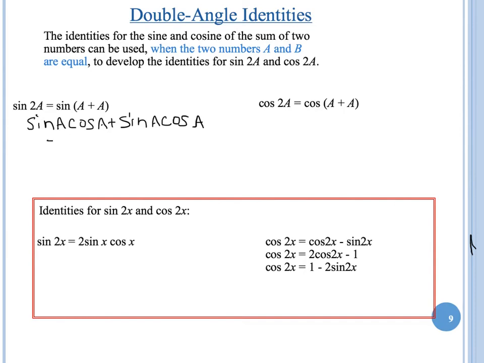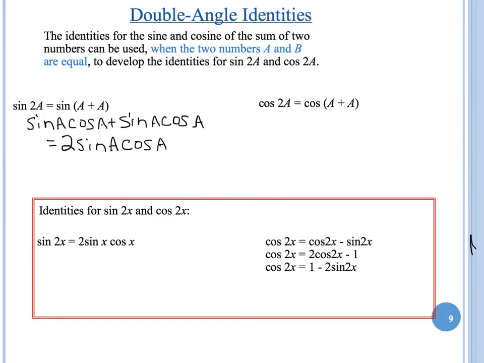So this is literally getting 2 sine alpha cosine alpha. And so that's where our identity for a double angle comes from with sine.